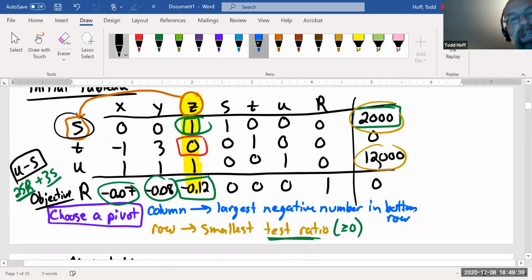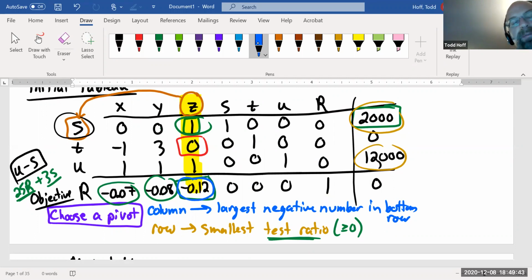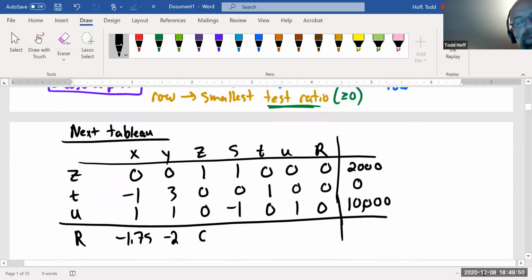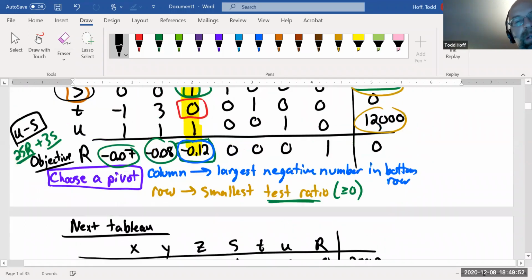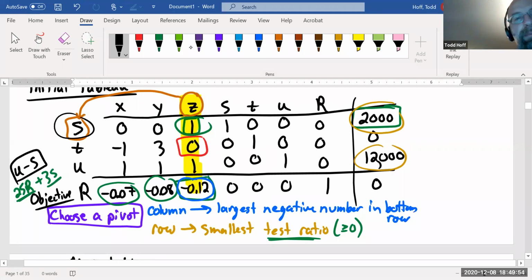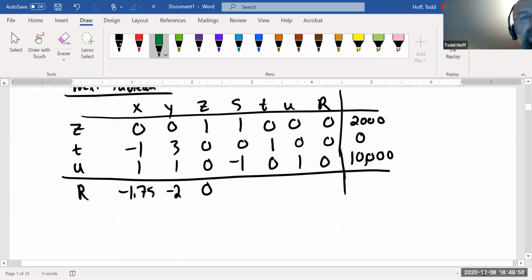This one better come out to be 0 because that's why we picked the values. 25 times -0.12 is a -3 plus 3 times 1 is +3, so that's 0. That's what we're trying to do, is 0 that out. 25 times 0 is 0 plus 3 times 1 is 3. So this becomes 3.